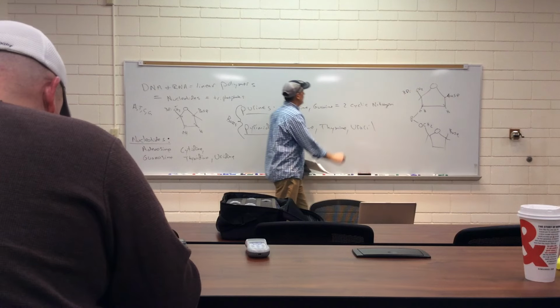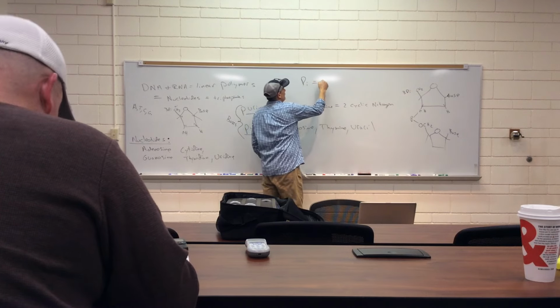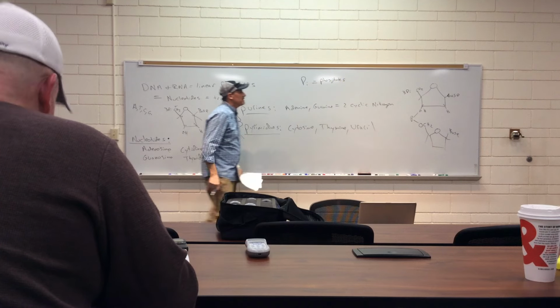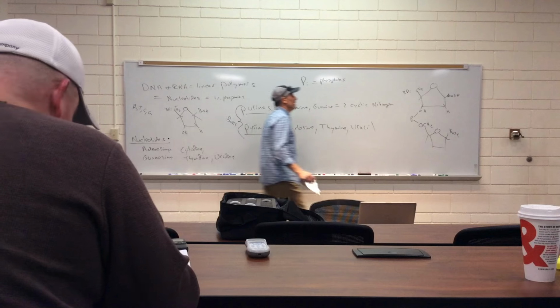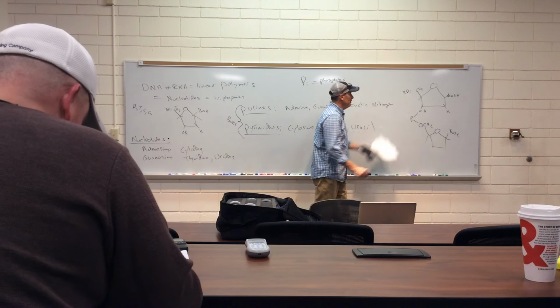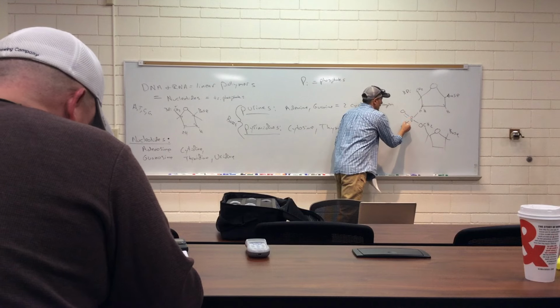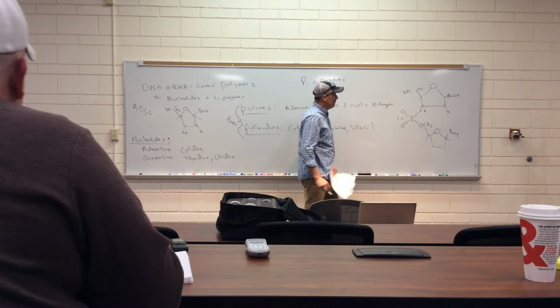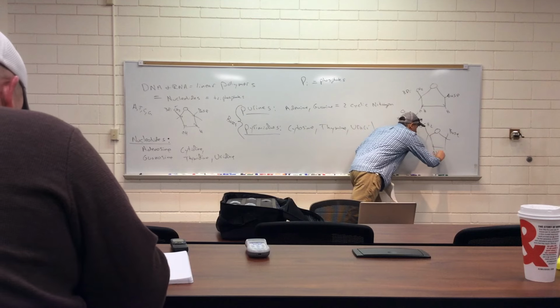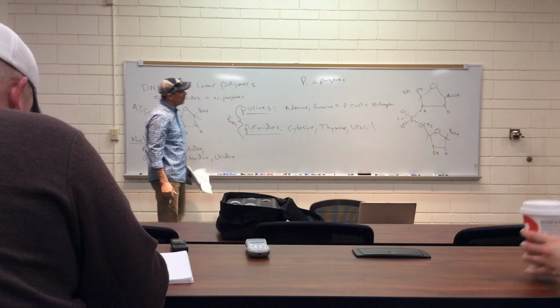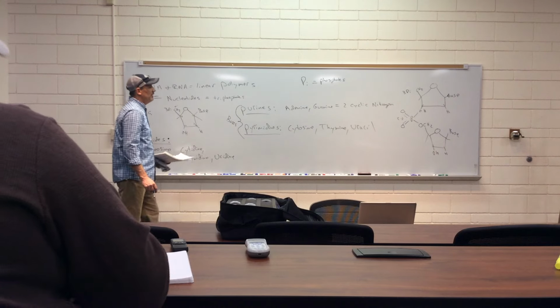Anytime I give you the Pi, that's just a shorthand for phosphate. So we have 3 phosphates on that 5' CH2. We have this phosphate bond that's created between the two. And we start to develop these linear forms of DNA and RNA.